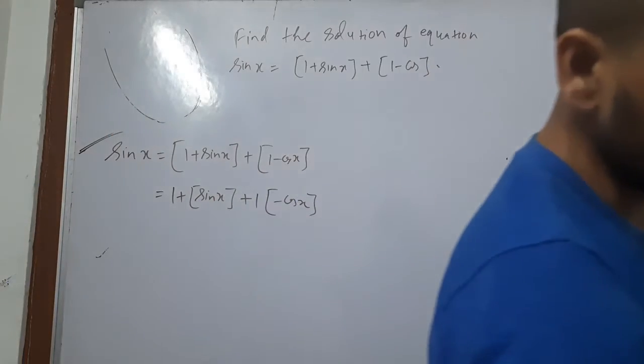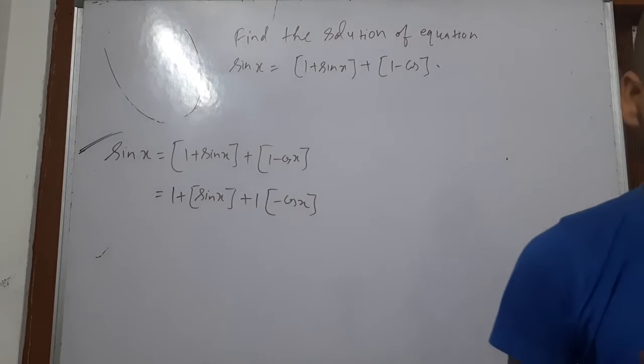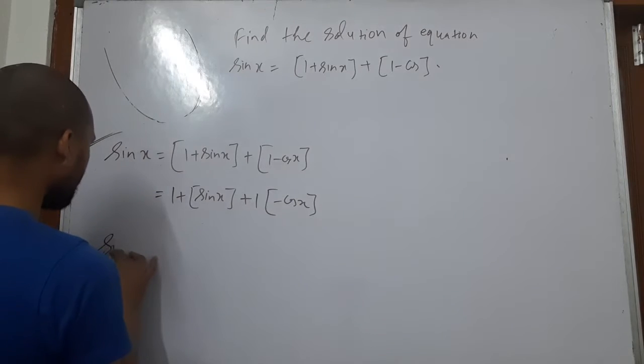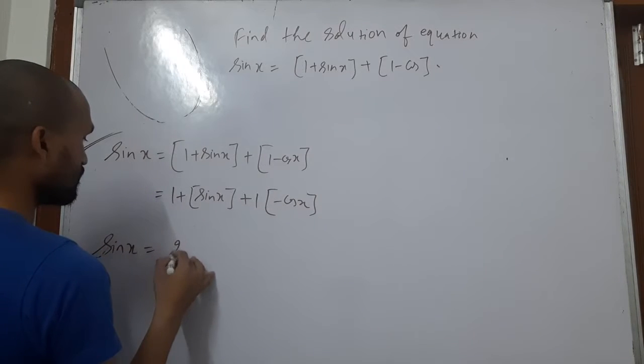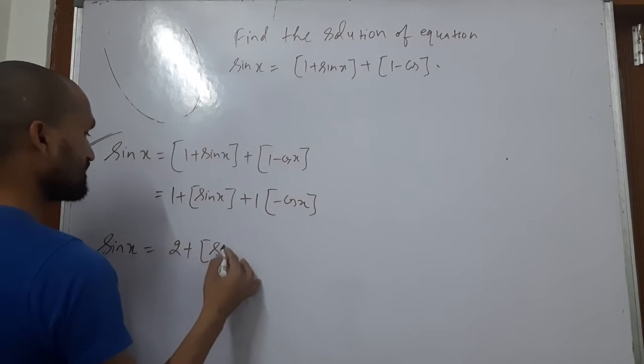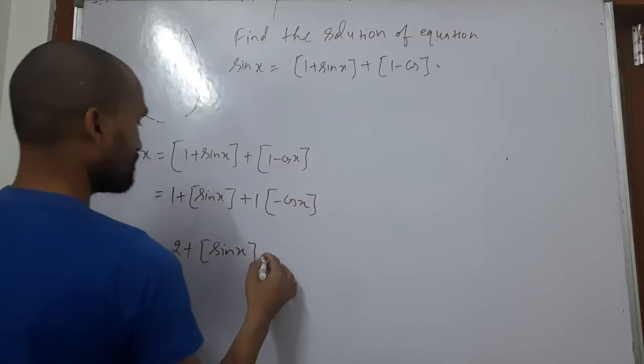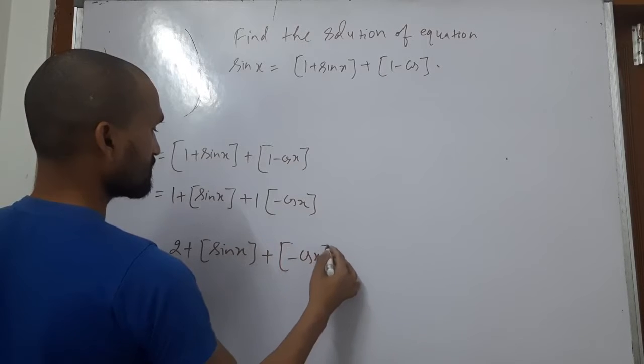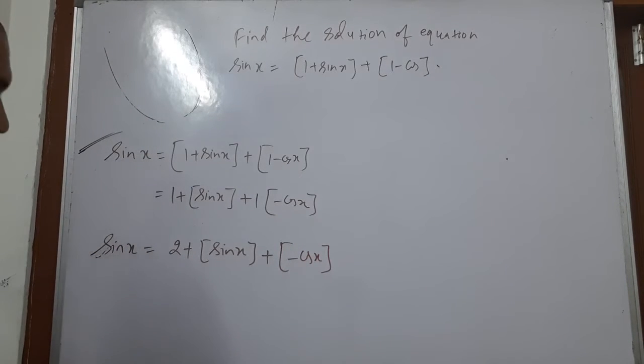On simplification we get that sin x is equal to 2 plus greatest integer of sin x plus greatest integer of minus cos x.